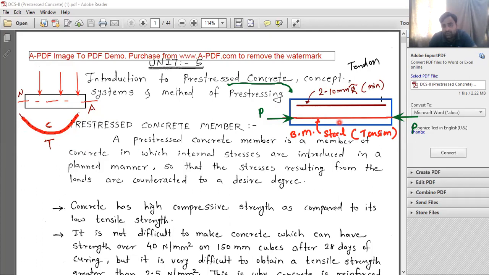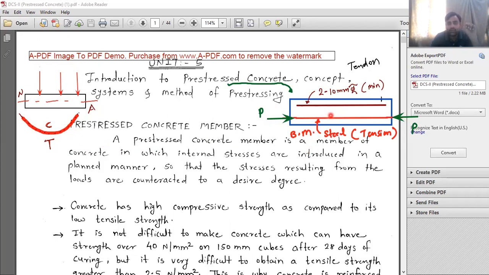So this application of the load introduces some stresses in this steel, and these stresses are transferred to the concrete. These generated stresses are in the opposite direction of this profile.